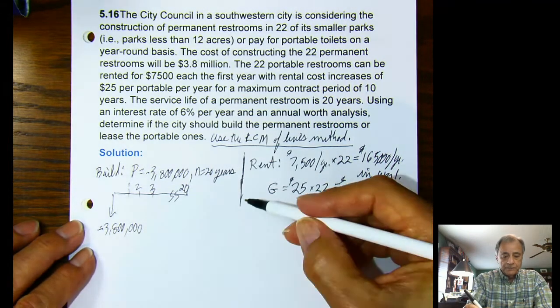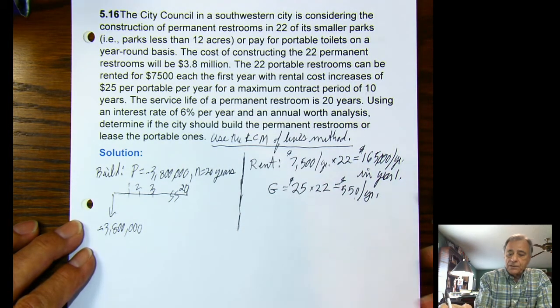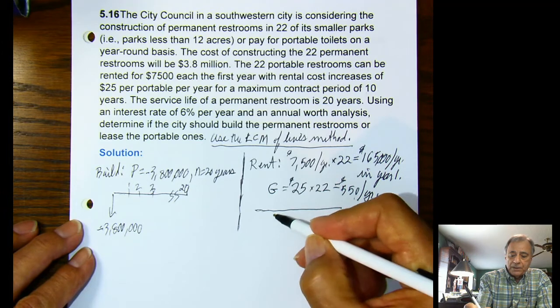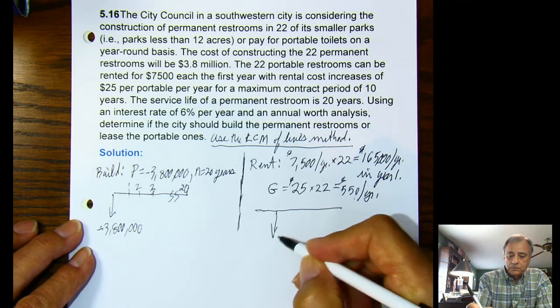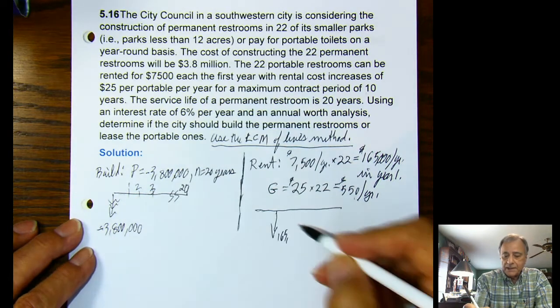Now this cash flow, the first year is going to be minus $165,000, and we'll just put it at the end of the year. Put a little squiggly there because that's not to scale.